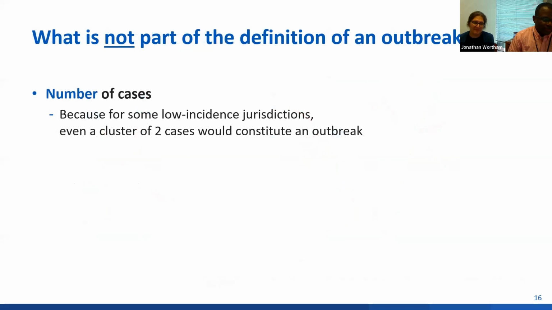So what is not part of an outbreak definition? The number of cases, because even for some low incidence jurisdictions, a cluster of 2 cases would constitute an outbreak, whereas for some larger jurisdictions with a higher incidence of TB, 2 cases would not be above what they'd expect.